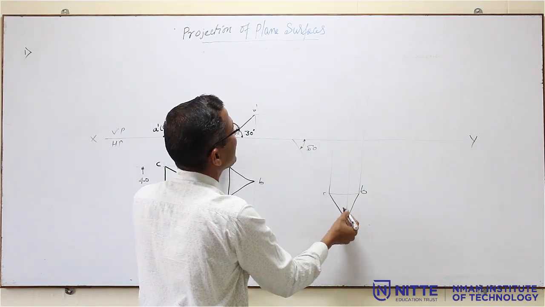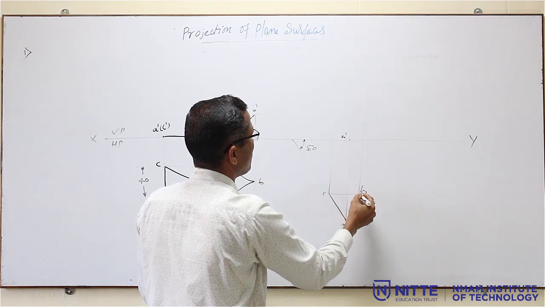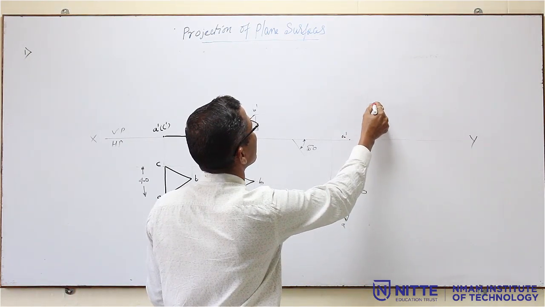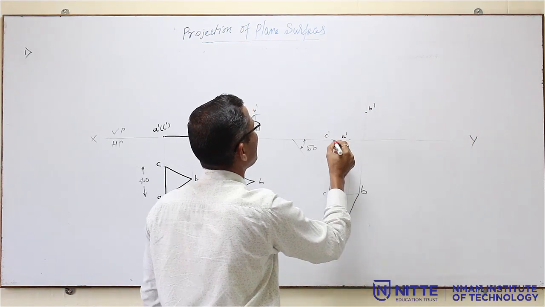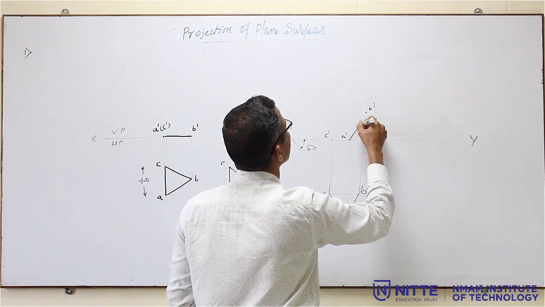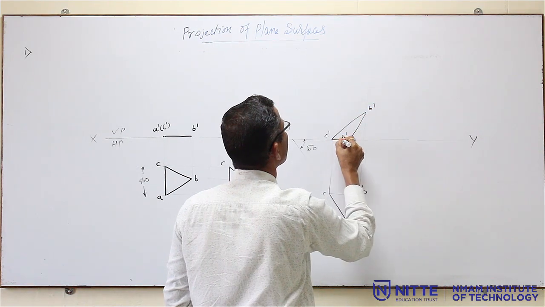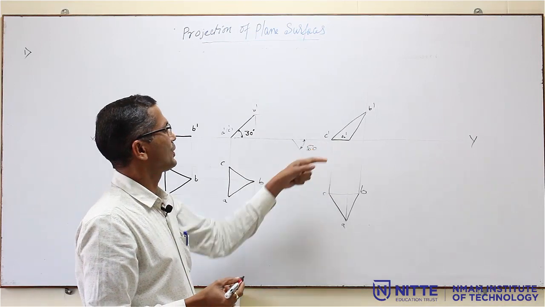A is here and A is here, this becomes A dash, B dash and C dash, this is C dash. Now, you join A, B, C. So this is the final position, how it looks.